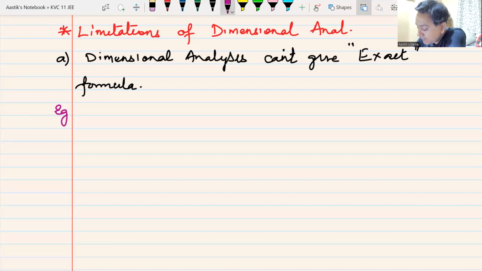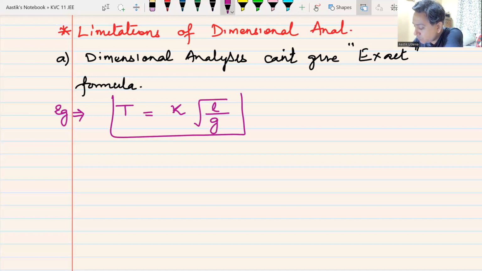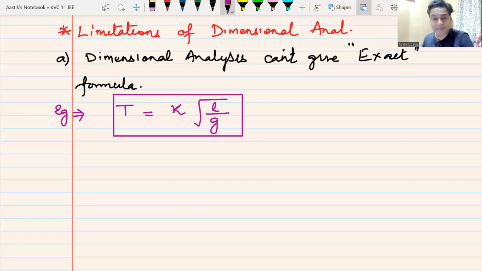What do I mean by that? We had seen the example where we found out the time period of a pendulum and we got the formula like this. Time period is k times root over L by g. Do we remember this? K times root over L by g.